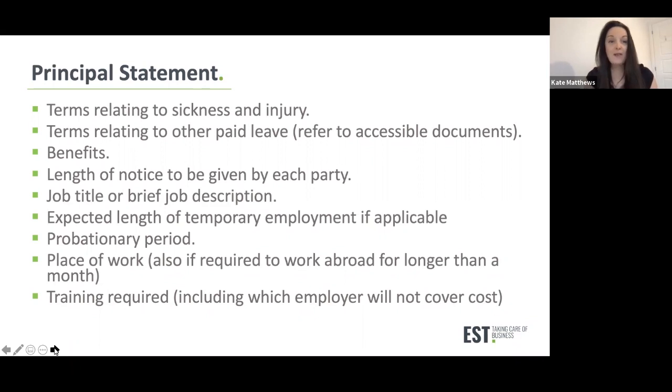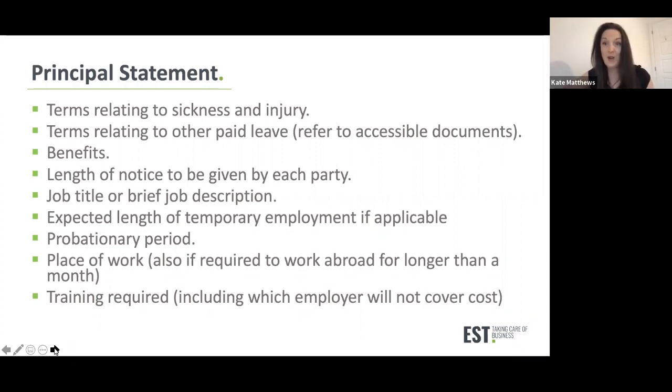I said about temporary contracts earlier. So if it is a fixed term temporary employee, then you would put in the statement what the length of employment is. And it's a really good idea to put a probationary period in.